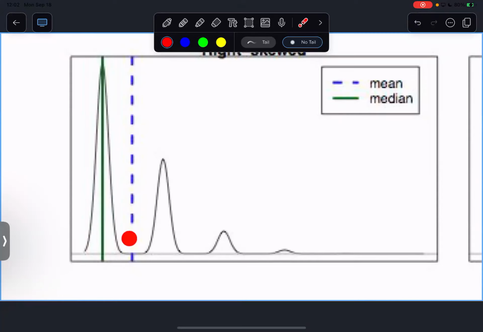Here, the mean is here and the median is here. So they've obviously done the calculations. For emphasis, I probably would have put the mean somewhere around here, but obviously it's closer than that, but it's still pulled in the direction of the tail. So if I didn't have the values, I would have put it there.